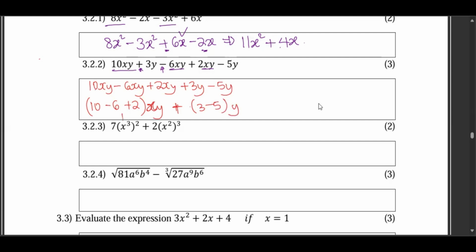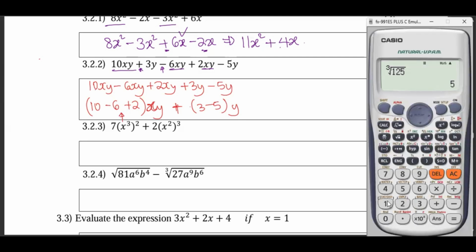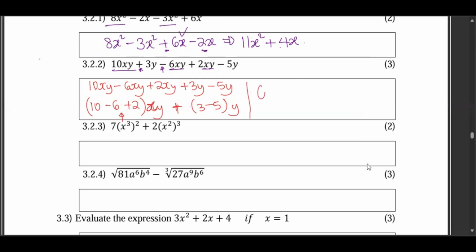Now, what do you get from the first bracket? Put it in your calculator to confirm the answer. So you'll say 10 minus 6 plus 2. It's a 6, okay. So my first bracket, I have a 6. But this 6, when the bracket goes away, you remain with xy.